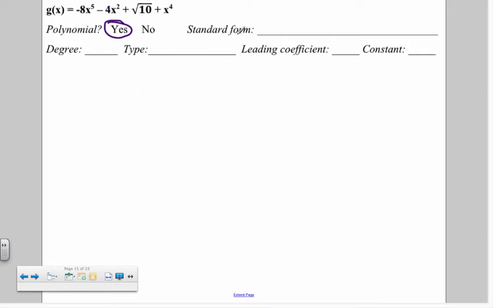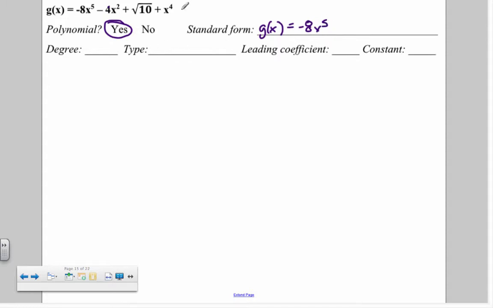Okay, so standard form. Remember, when we write things in standard form, we have to go from the highest degree, or the highest exponent term, to the lowest degree. So I'm going to go ahead and start. I've got 5, 4, 2, 0. So I want to say, okay, this is g of x equals -8x to the 5th power.